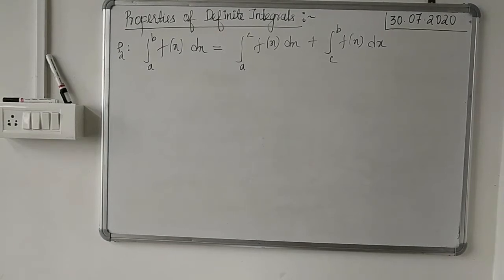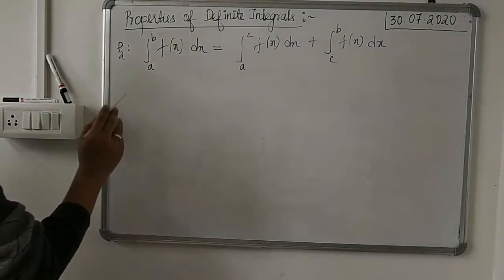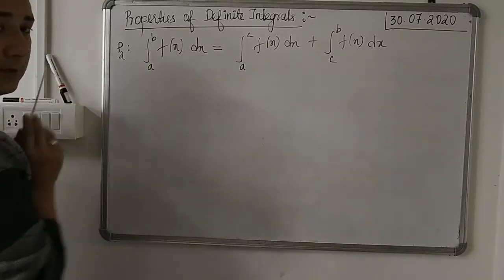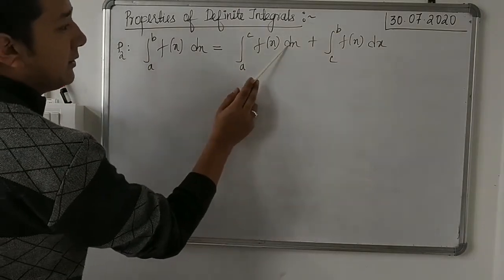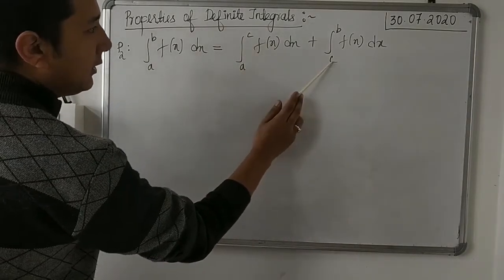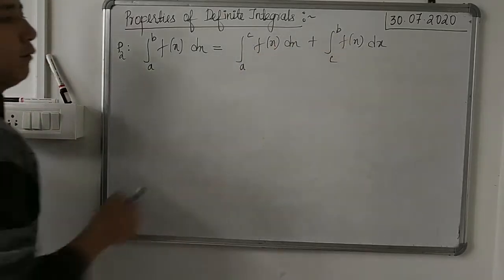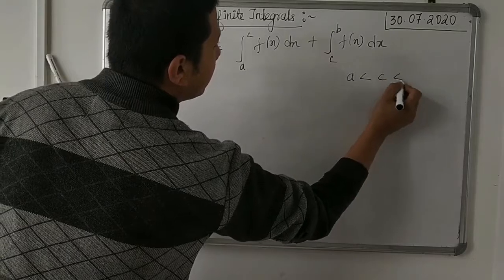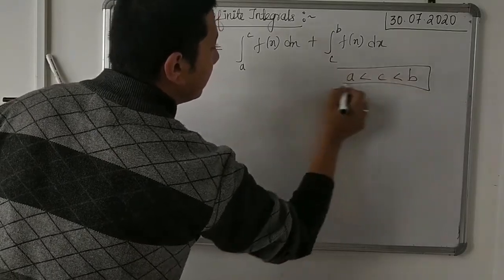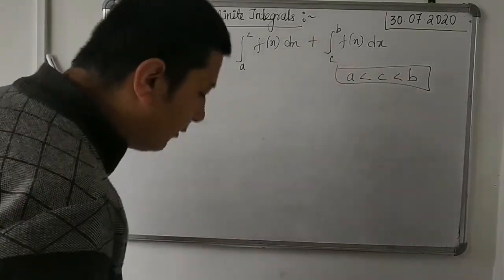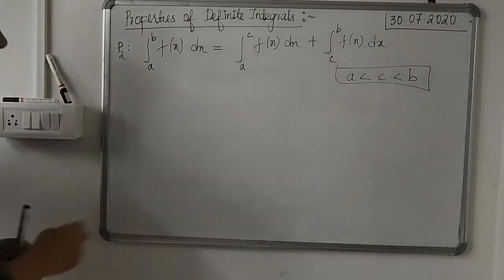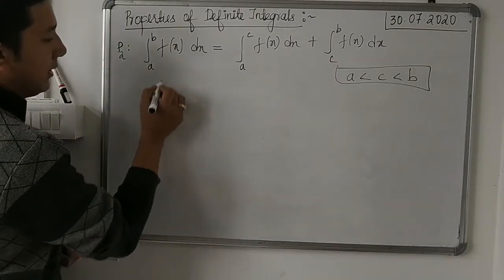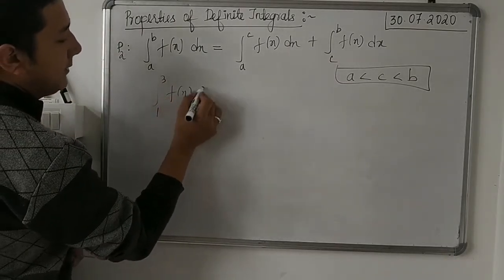Okay, we move to property 2 now. This is the third one. a to b f(x) dx is equal to a to c f(x) dx plus c to b f(x) dx, where a is less than c, which is less than b. In this condition, this is true. For example, let us take 1 to 3 f(x) dx.